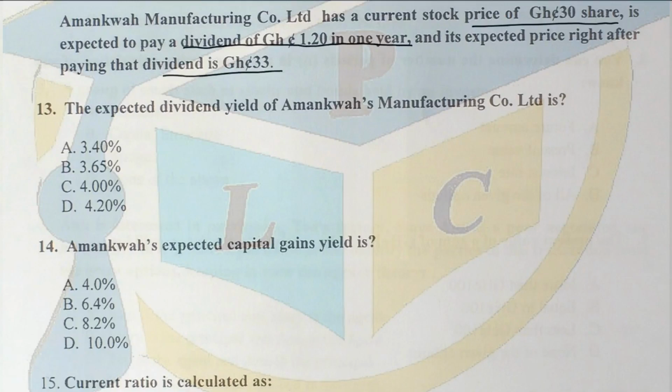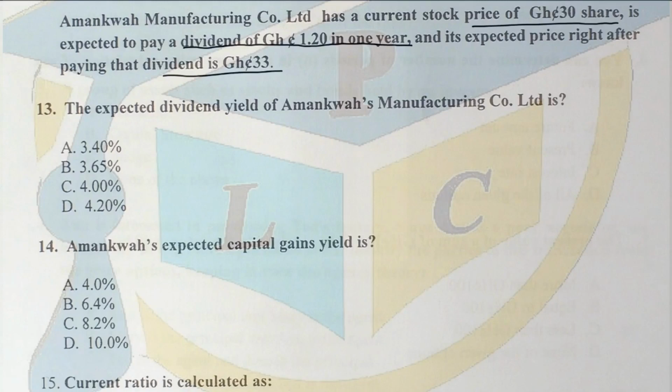So all they mean here is that Amankwa Manufacturing Company has a current stock price of 30 Ghana cedis per share and is expecting to pay a dividend of 1.2 Ghana cedis in 1 year. After paying the 1.2 in 1 year, it is expected that the price of the share will increase from 30 to 33.